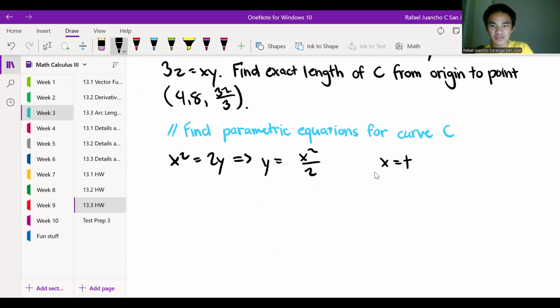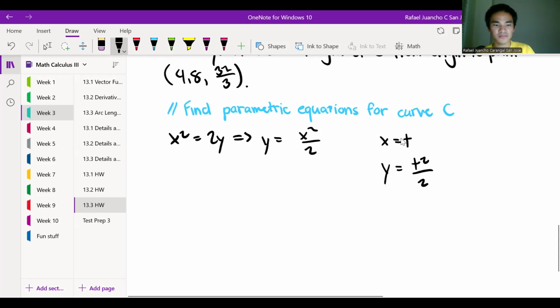If we let x be t, then y is t squared over 2. Now we need to find z.